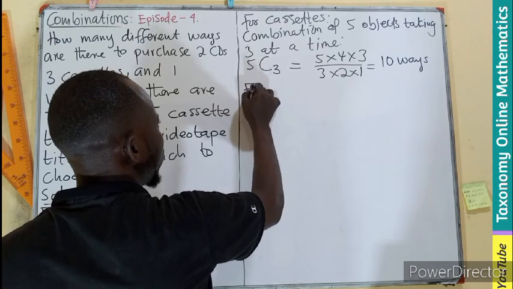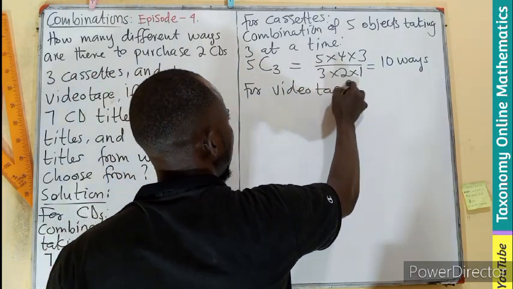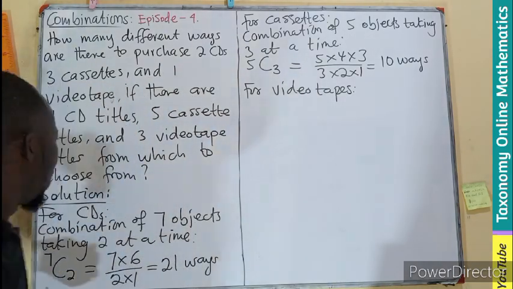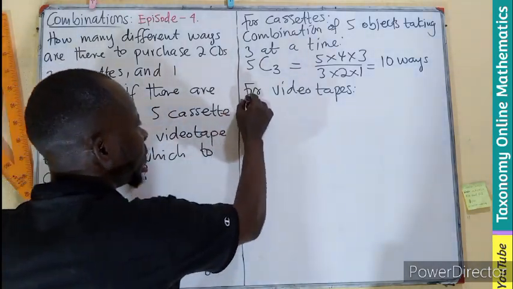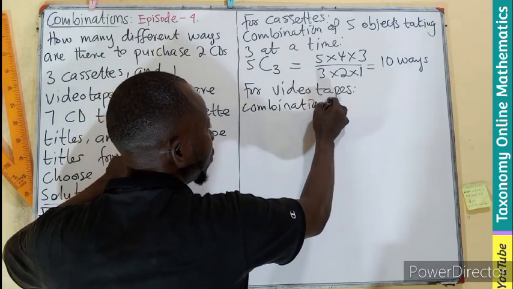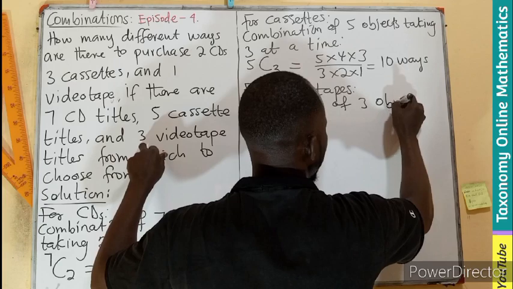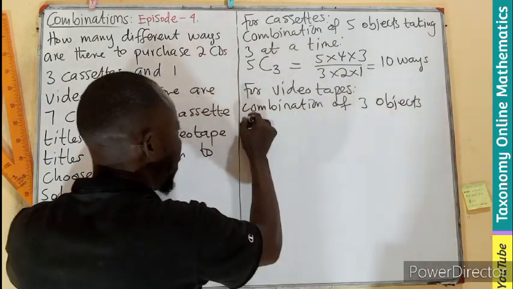Then for videotapes, what is the pool? We have 3 objects.